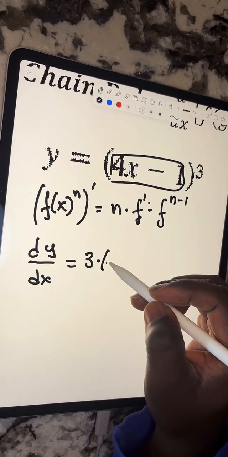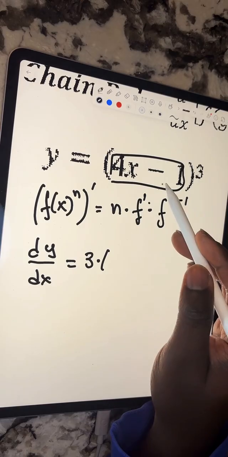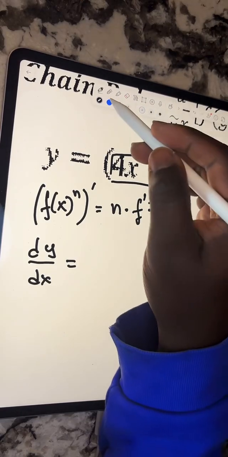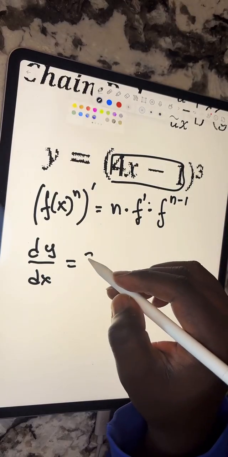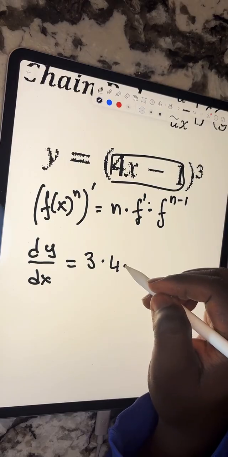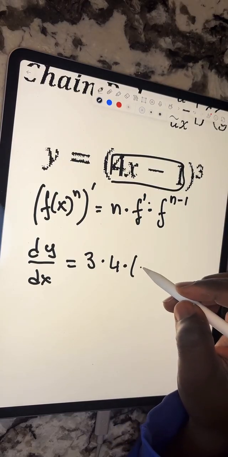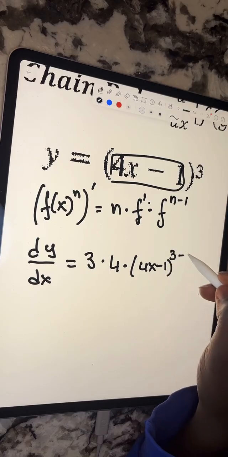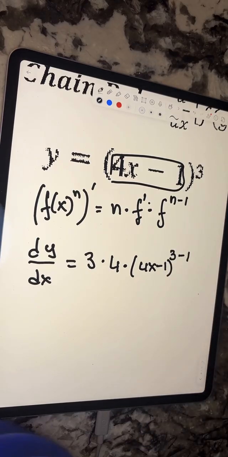F is for x, so f prime has to be the derivative of 4x minus 1. What's the derivative of 4x minus 1? That would be 4 times f of x, that's 4x minus 1 to the power of 3 minus 1. Do you guys agree with me on this?